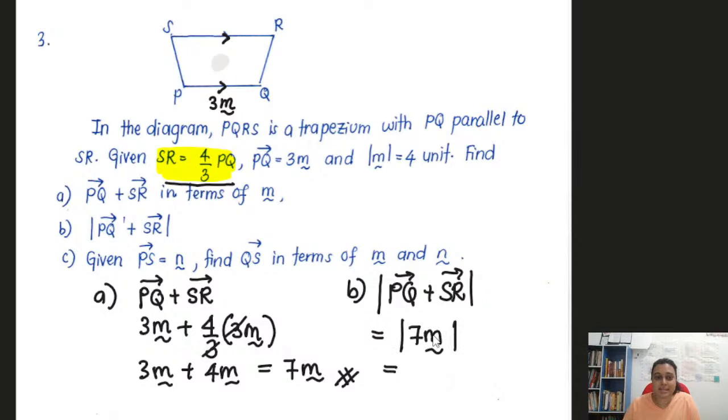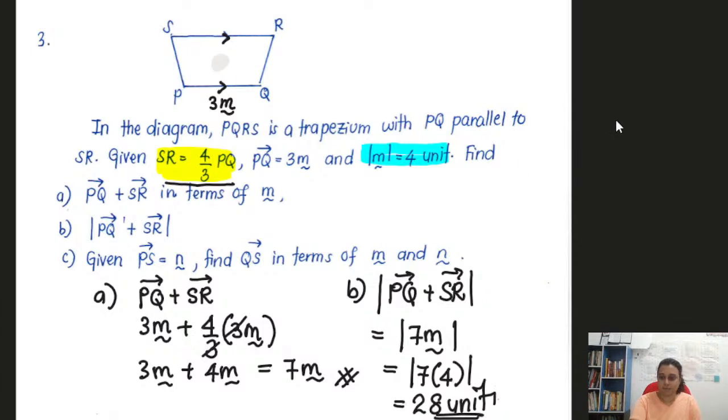So what is my m? They give as 4 unit. So we're going to substitute that as 4. 7 times 4. So you get 28 units. Easy.